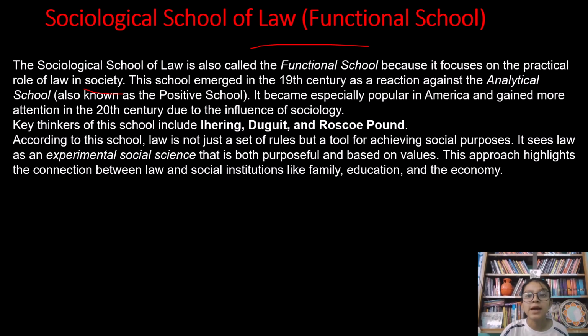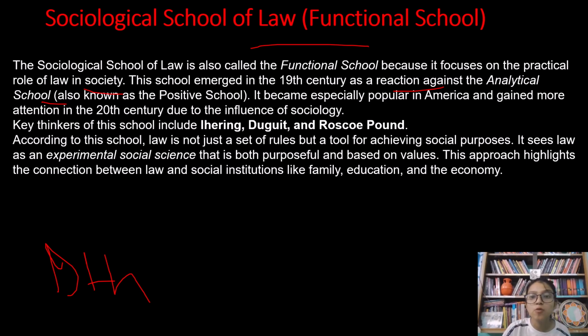The school emerged in the 19th century as a reaction against the analytical, which is also known as the positive school. So, the 19th century was the era where this school evolved, and it was a reaction against the analytical school. The sociological school was the opposite of what the analytical school is, and it evolved as a reaction to it.